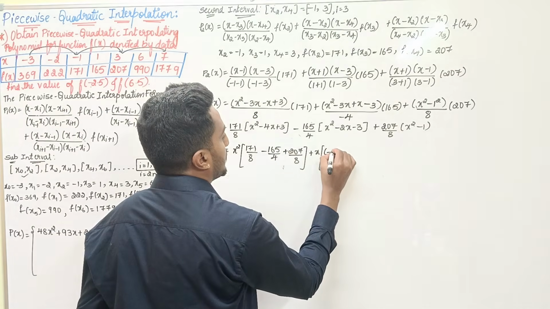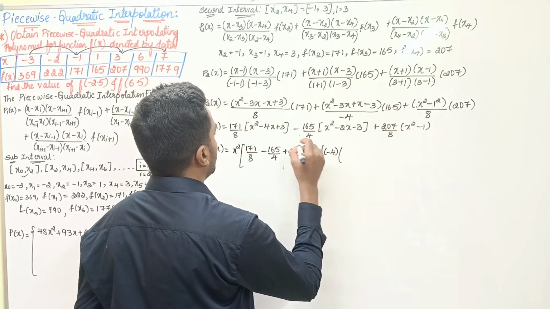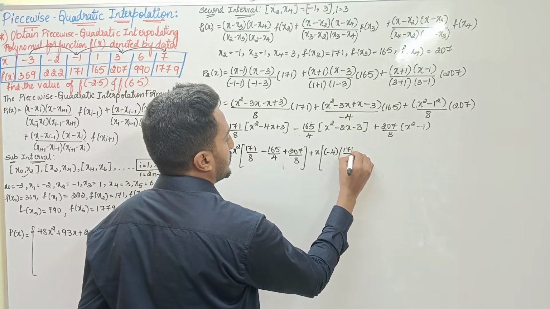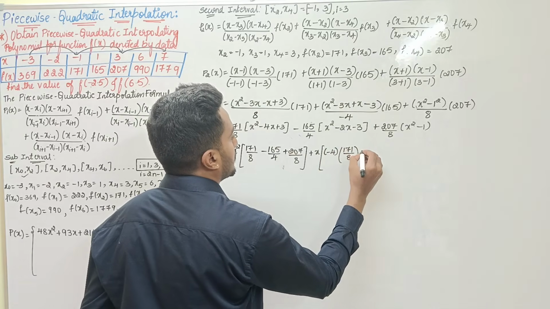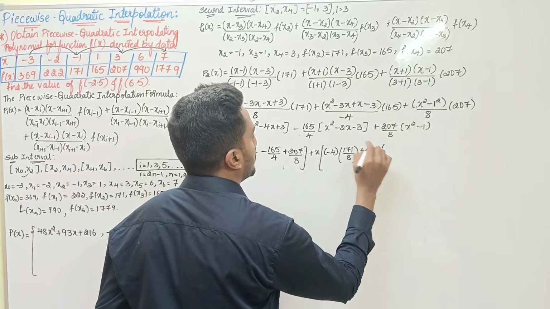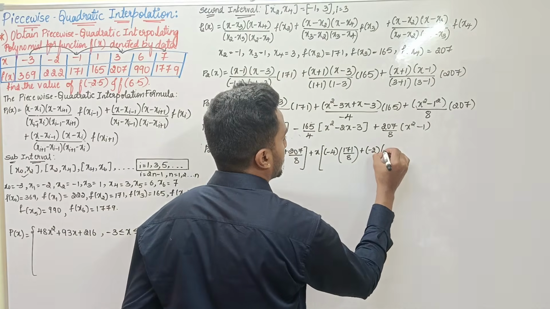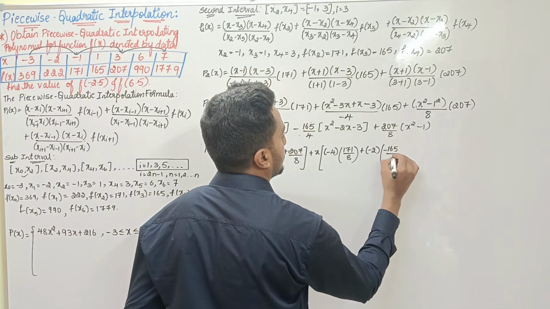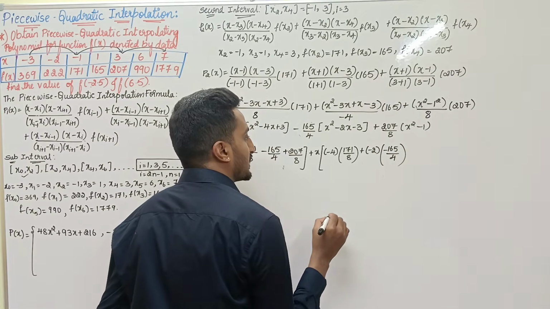Now, let us see, minus 4 into 171 divided by 8. Next, plus minus 2 into minus, plus, again I can represent minus 165 divided by 4. I'm going to multiply negative also.